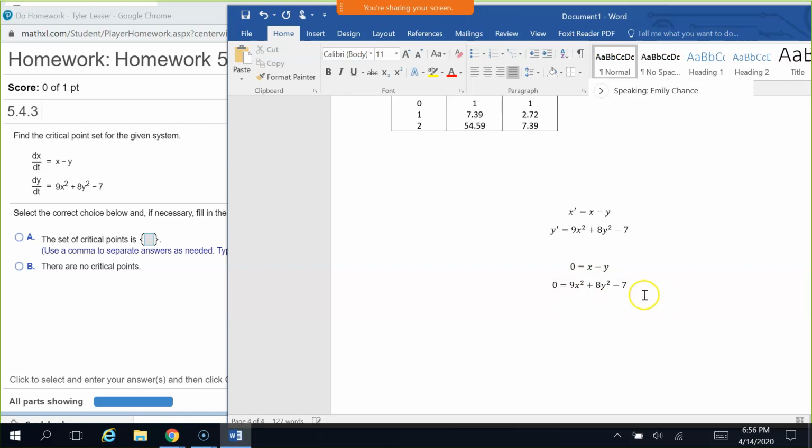And now we want to solve this. You want to figure out what ordered pairs solve both of these equations. And that's not an easy thing to solve for sometimes. I mean, sometimes it's very easy, sometimes it's not. This one can be a little bit difficult. Let's see what the best way to do this would be. I guess just substitution. So here, my first equation gives me x is equal to y.